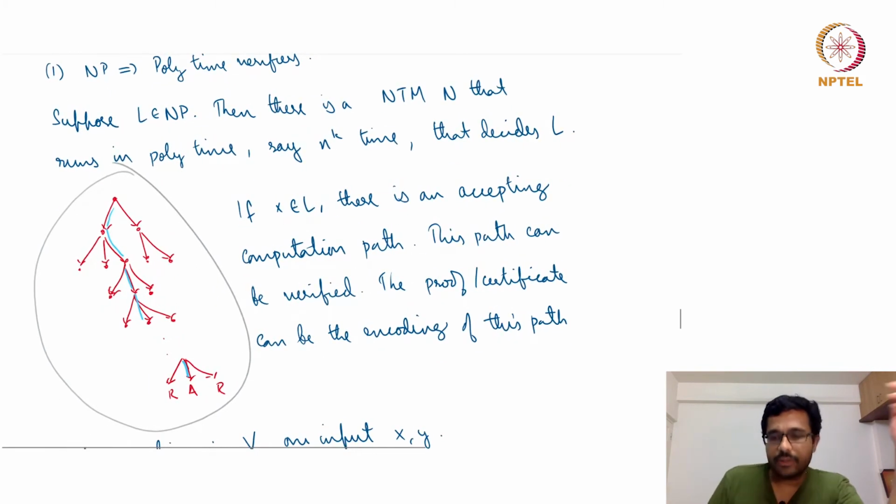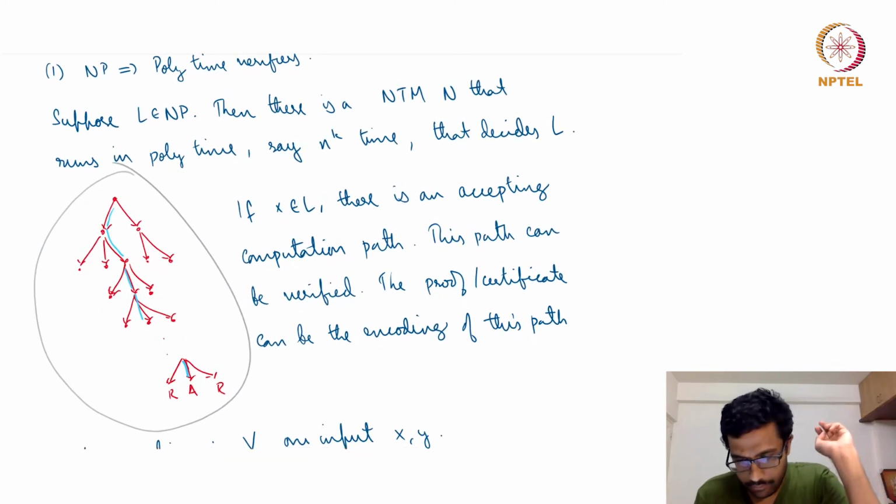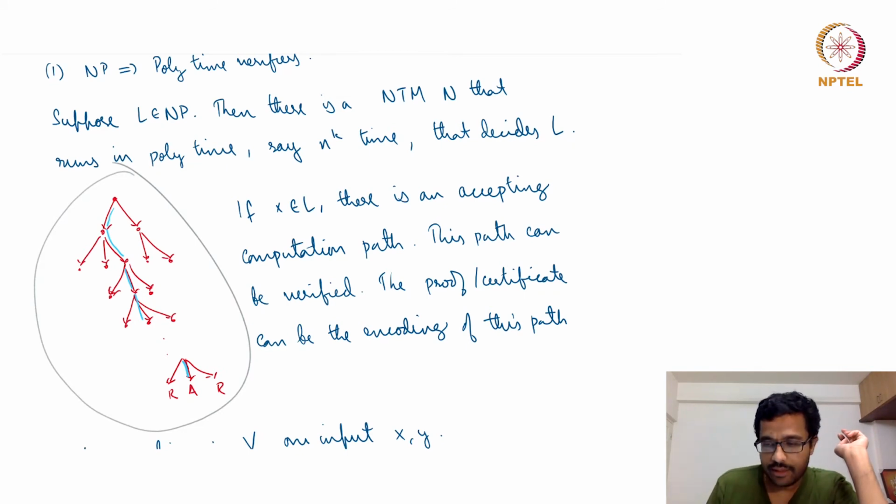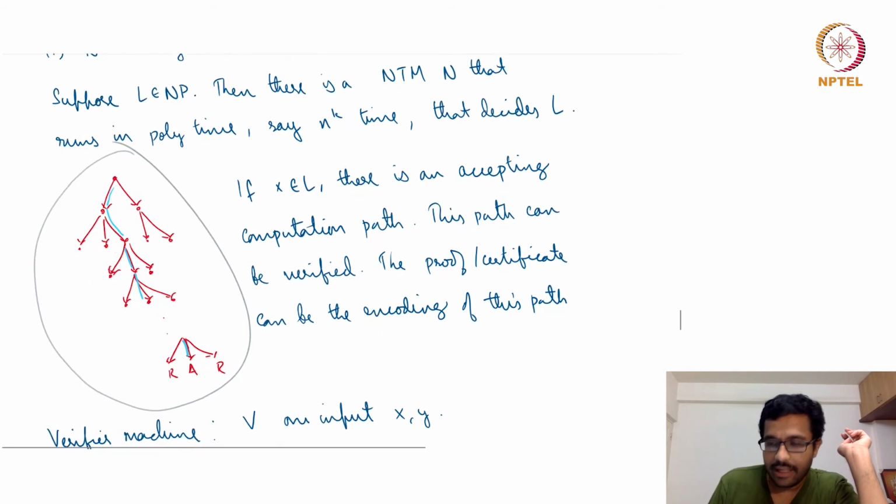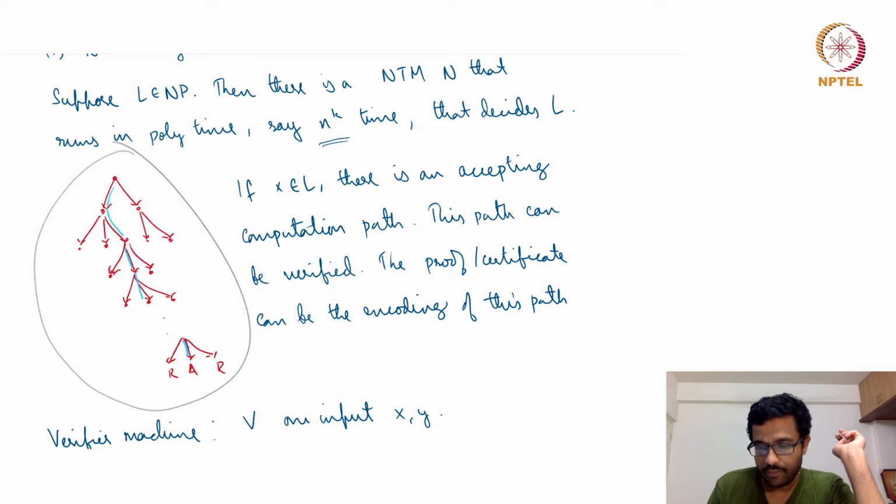Okay, so suppose L is in NP. Suppose a language is in NP, which means there is a non-deterministic Turing machine that runs in polynomial time, say n to the power k time, that decides L. Which means we can look at the computation tree of the non-deterministic Turing machine running on X. This is the starting configuration at the top, and then there is some tree.